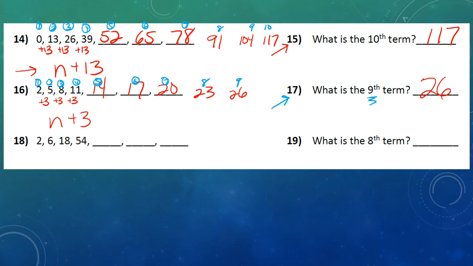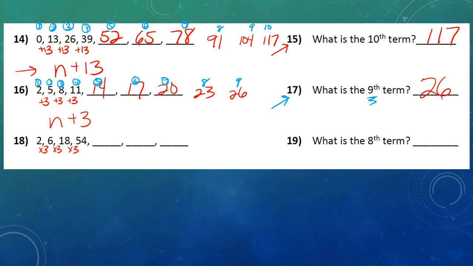And then number 18. And so if we went to, let's try times 3, because we know that if we're adding here, the numbers kind of start jumping pretty big here. So we know that pretty much it's probably going to be multiplication for this one. So if we did 2 times 3 gives us 6. 6 times 3 gives us 18. 18 times 3 gives us 54.